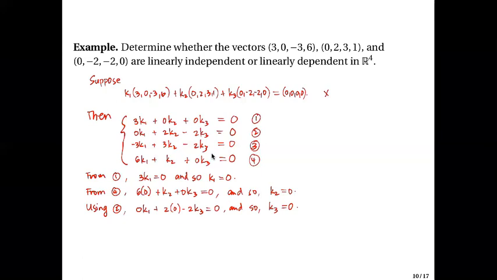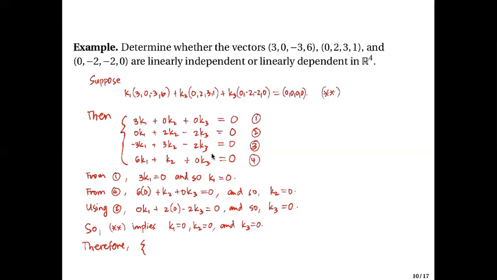So let me label this as double star. Double star implies K1 equals 0, K2 equals 0, and K3 equals 0. Therefore, the set is linearly independent.